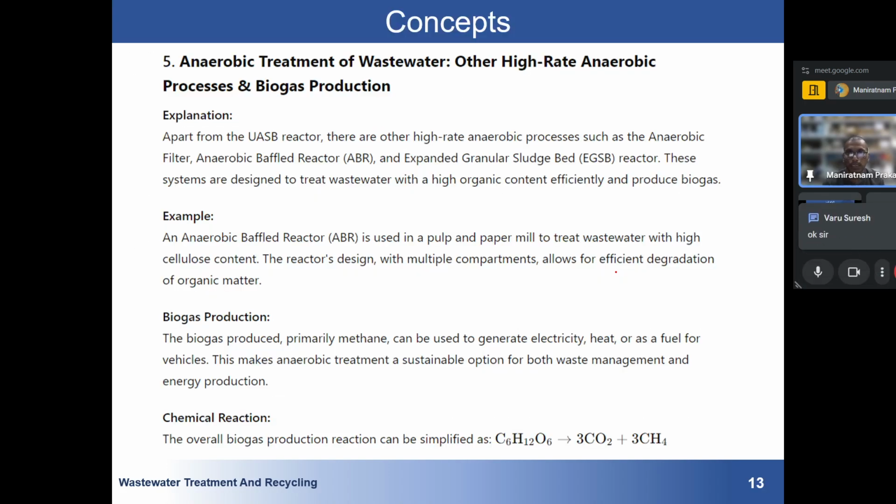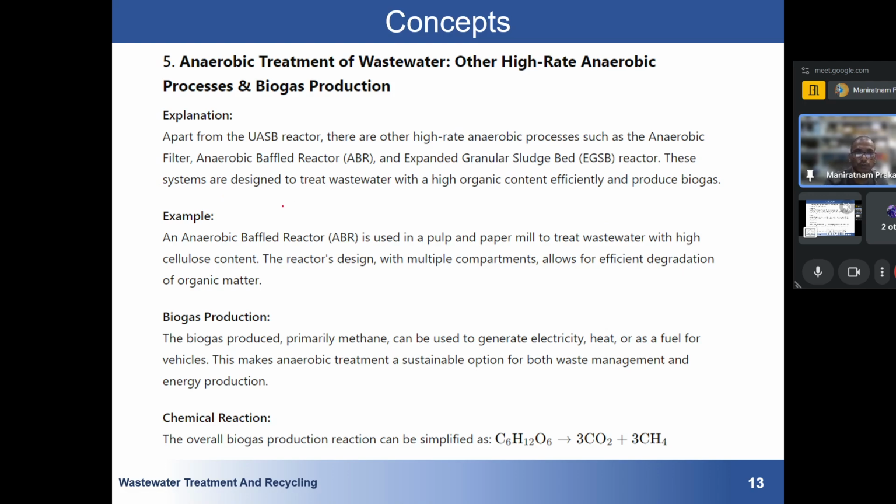Coming to the last topic, before going to other high rate processes: the main byproduct of this anaerobic digestion is the production of methane. Apart from UASB, there are other high rate anaerobic processes such as the anaerobic filter, anaerobic baffled reactor, and expanded granular sludge bed.